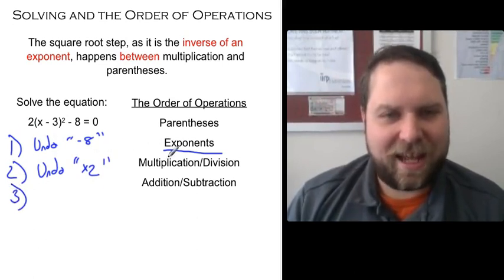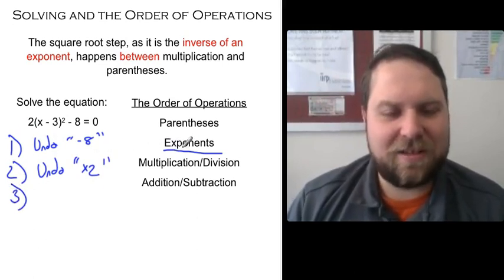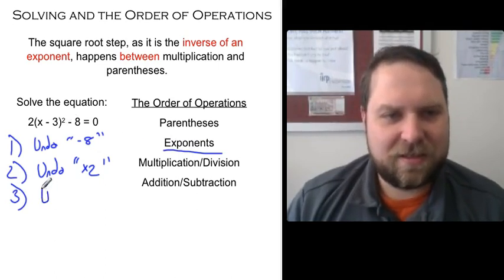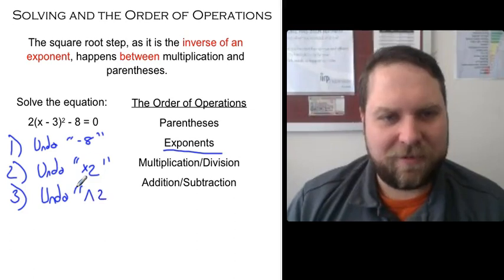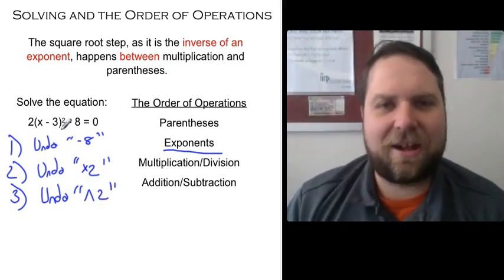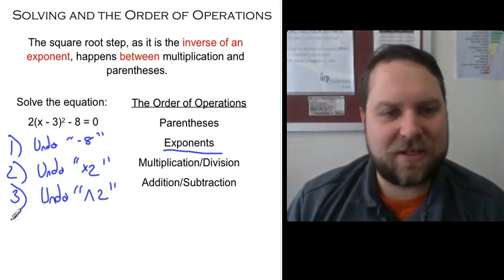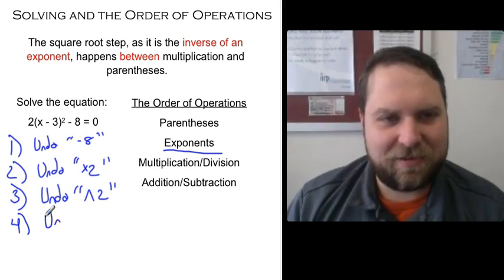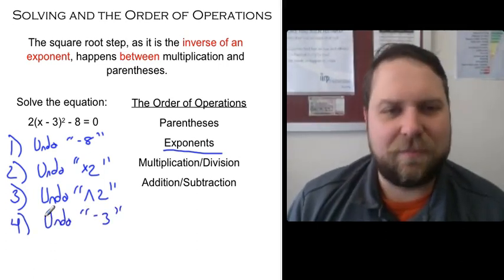After that, I would want to look to undo any exponents. So now I would undo that raising to the second power that we see right there. That is the step where I would take my square root, and the very last thing I do is undo anything in parentheses. In that case, that's the minus 3.